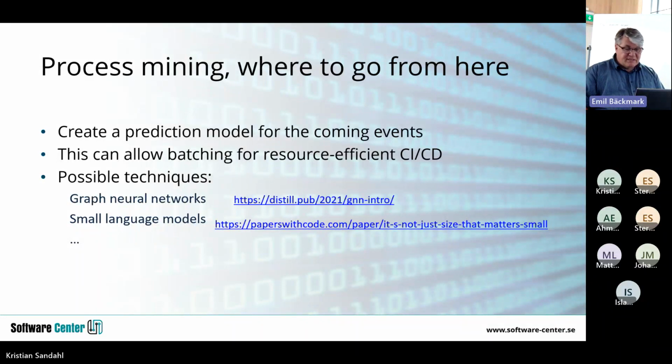Some possible techniques can be to use graph neural networks. It's quite obvious how you can define an Eiffel flow as a graph. We have also discussed with people at conferences, so it's extremely preliminary. We'll also try to use small language models, and large language models such as ChatGPT and so on, to see if we can make some sensible prediction.